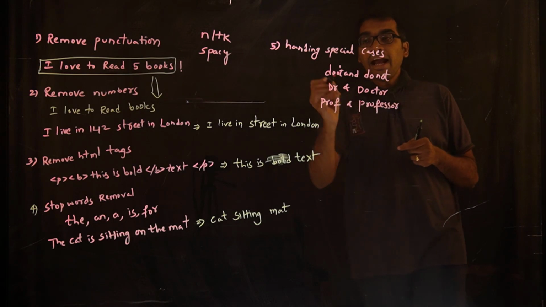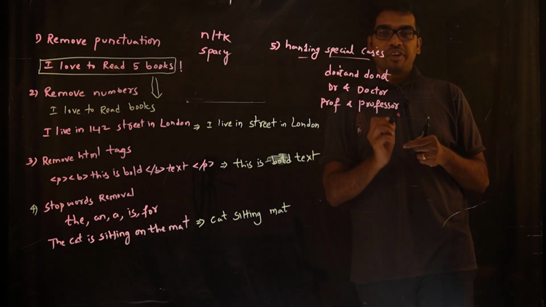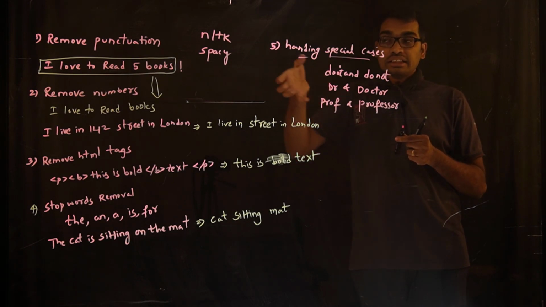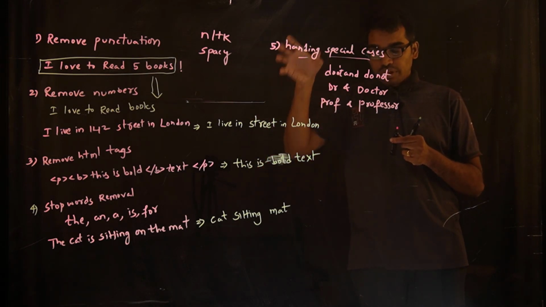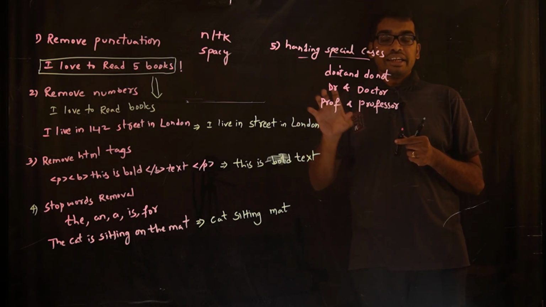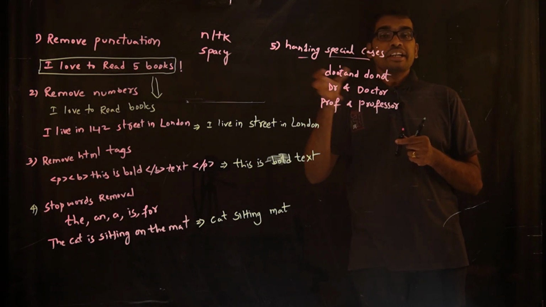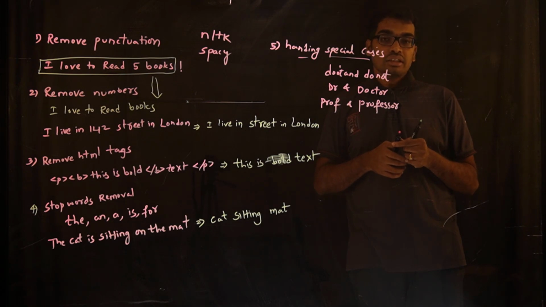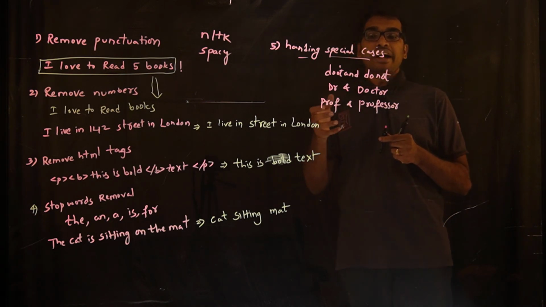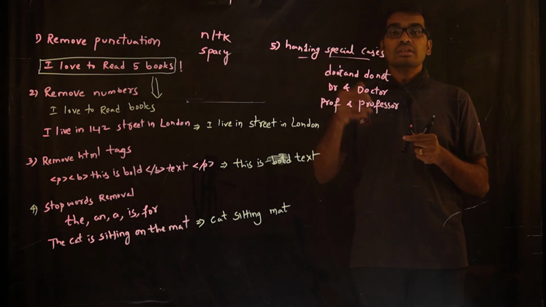So how do we handle these special cases and how do we identify them? Identification means you have to understand the text. You read through some samples, understand what kind of words are there, and then you can define your own dictionary. That is one common way. The other way is to identify from the domain itself, from domain people.